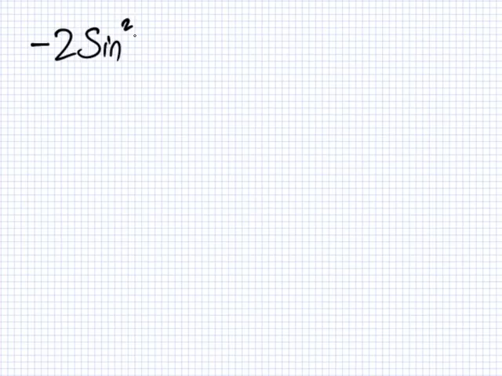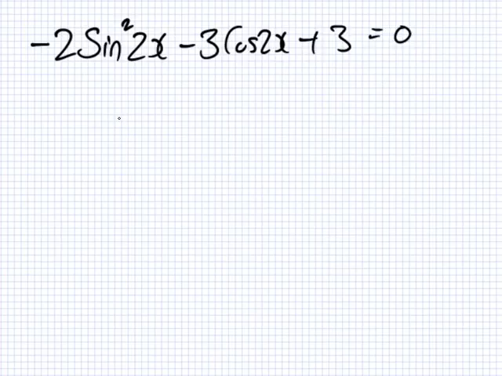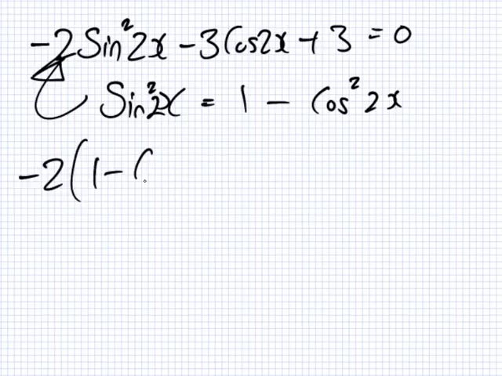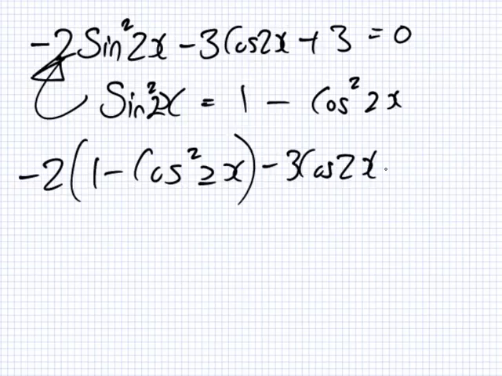Nathan, can you just read out what the original equation was? Minus 2 sine squared 2x minus 3 cos 2x plus 3 equals 0. So you can say that sine squared 2x equals 1 minus cos squared 2x. So if you put that in: minus 2 times 1 minus cos squared 2x, minus 3 cos 2x plus 3 equals 0.